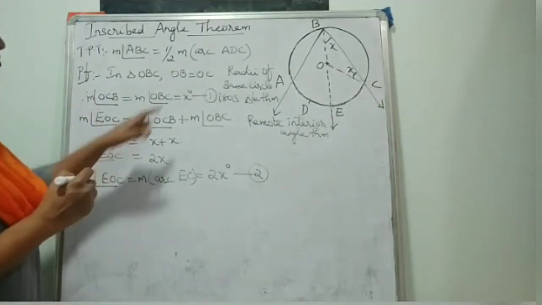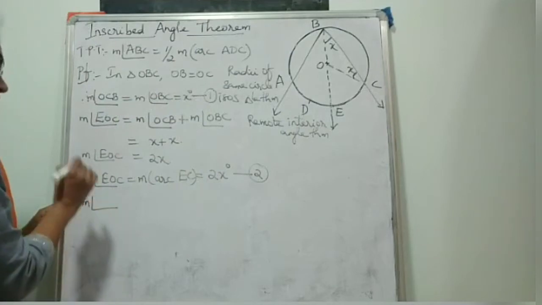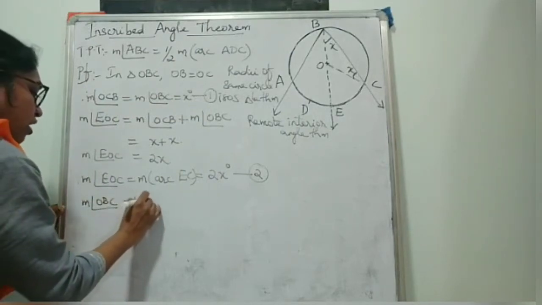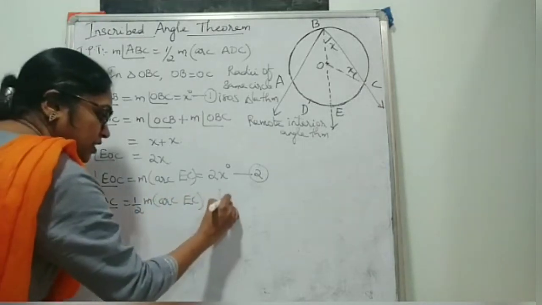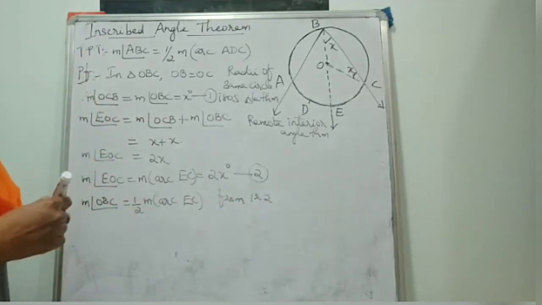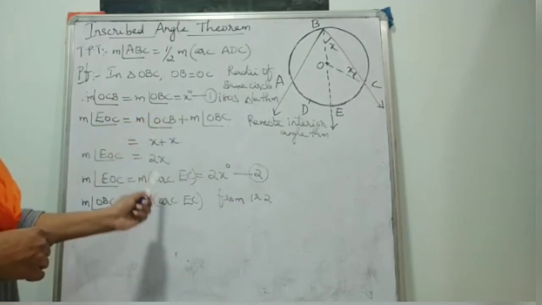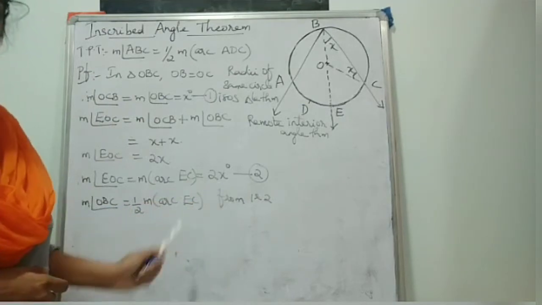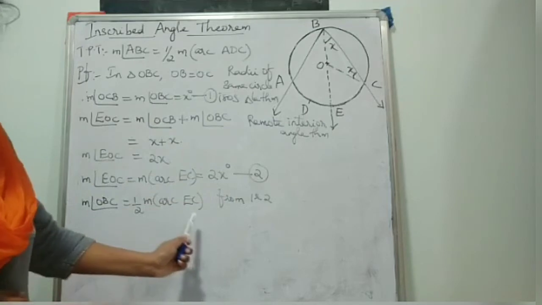So from equations 1 and 2, I can say that the measure of angle OBC is half the measure of arc EC. In equation 1 you had angle OBC equal to X degrees, and in equation 2 you have the measure of arc EC equal to 2X. So using these two equations we get a relation between the angle and the arc.